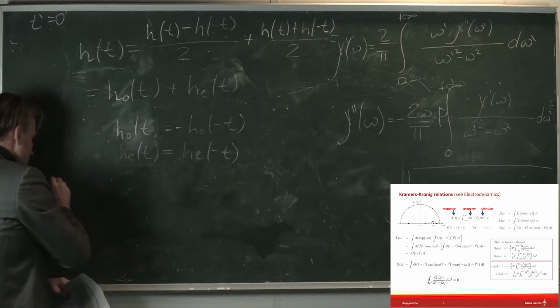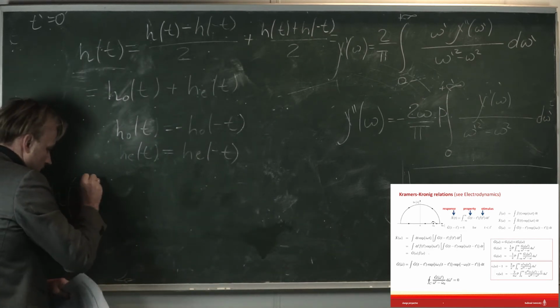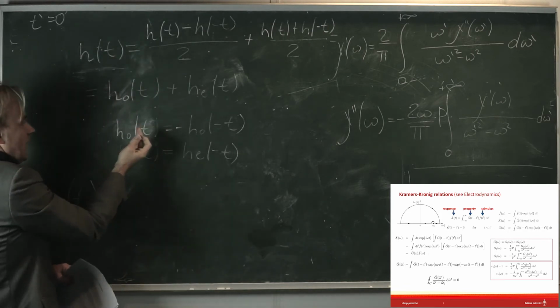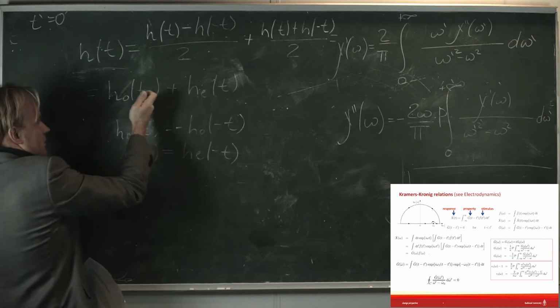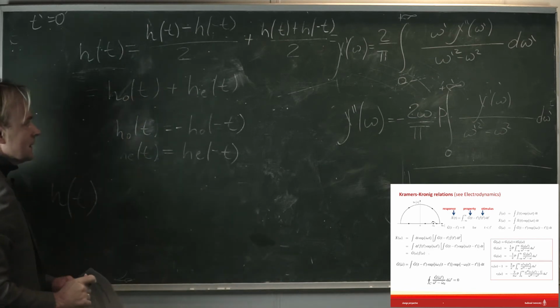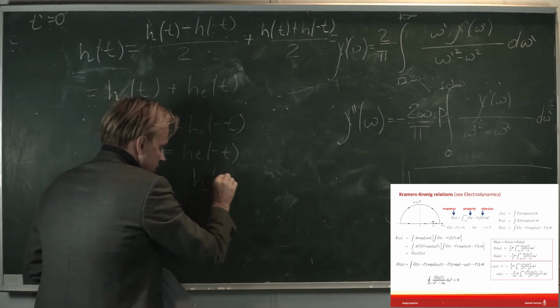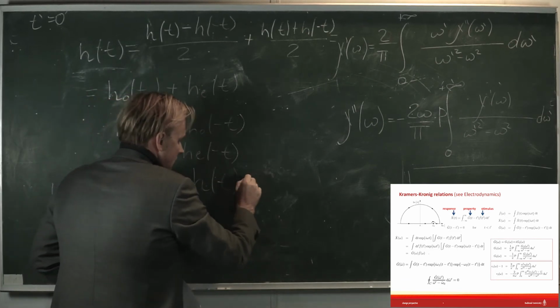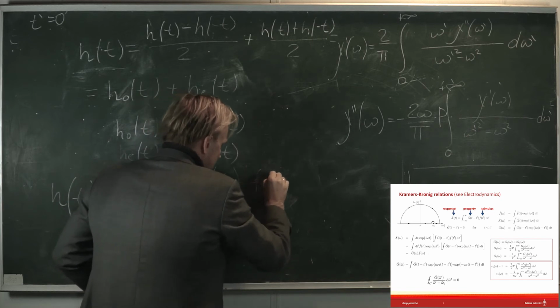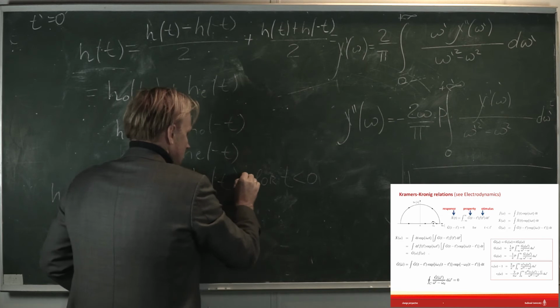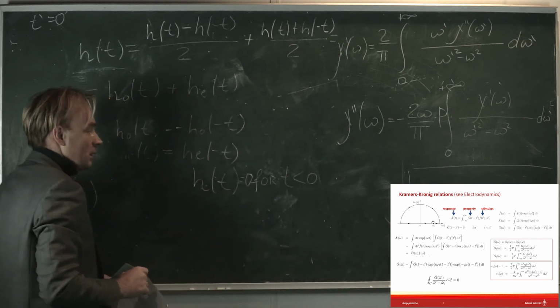Now, you notice that these two terms must be such that h(t) for t less than 0 must be equal to 0. That's what we call causality.